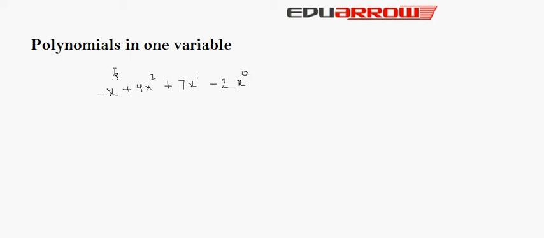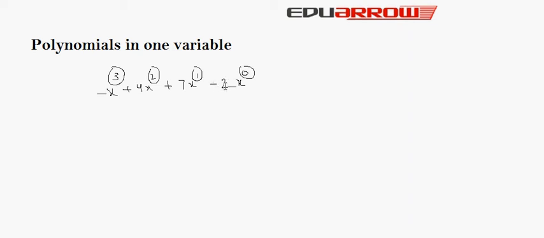So we can observe here that 3, 2, 1, 0 are whole numbers. So we conclude that a polynomial expression has the exponents of its terms in whole numbers. So it is called a polynomial in one variable.